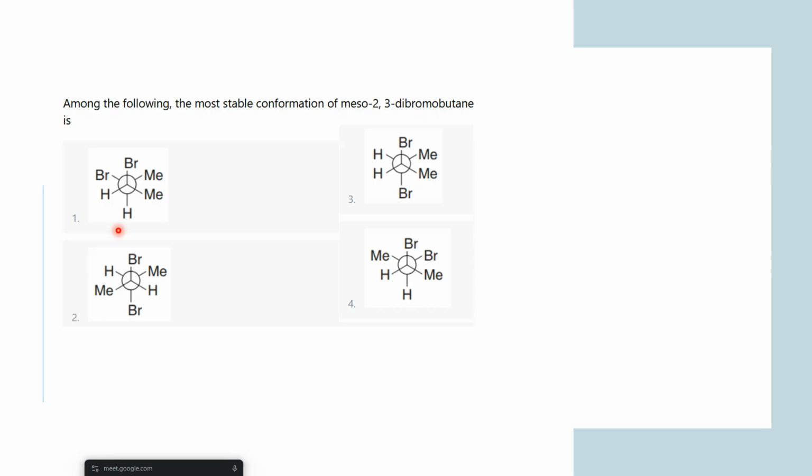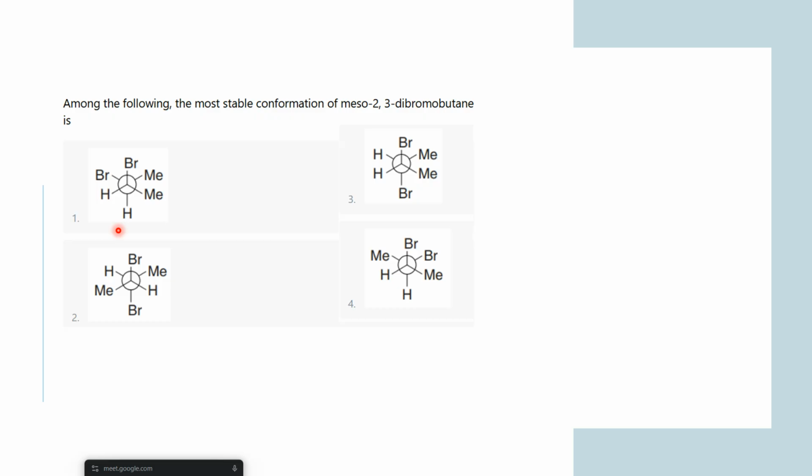if we draw the Newman projection, in the most stable conformation, we will have to place the substituents in such a way that both the methyls must be anti to each other, as well as both the bromides will also be anti to each other.